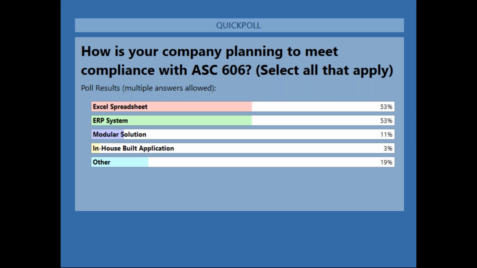Maybe you'll reconsider the fact that ERP systems are not one size fits all. And perhaps the same people that answered ERP are answering Excel spreadsheet because they need those spreadsheets to supplement the gaps in their ERP system, just like Tim mentioned earlier. Like maybe they're good for something, but they don't fulfill the entire need. Tim, do you have any comments on these results?